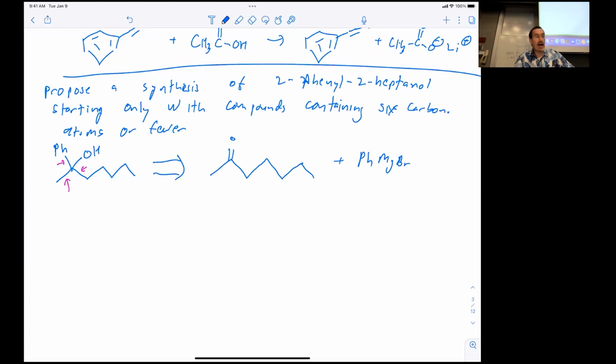And thus far, I haven't learned a reaction that would form a ketone directly, but I know that I can make a ketone by oxidation of an alcohol.